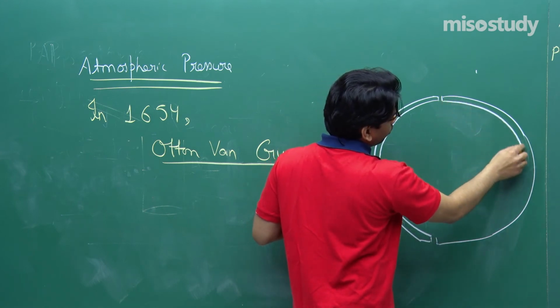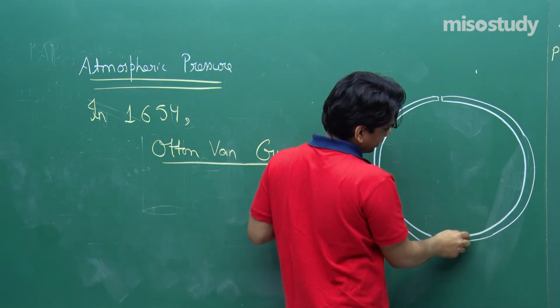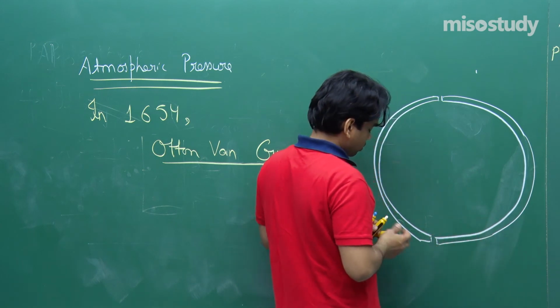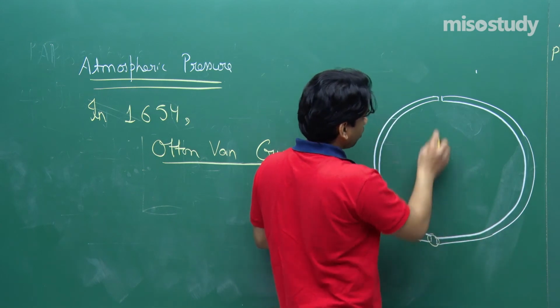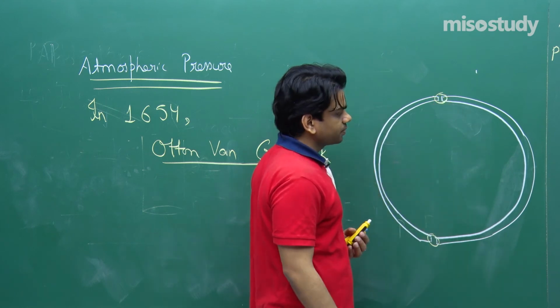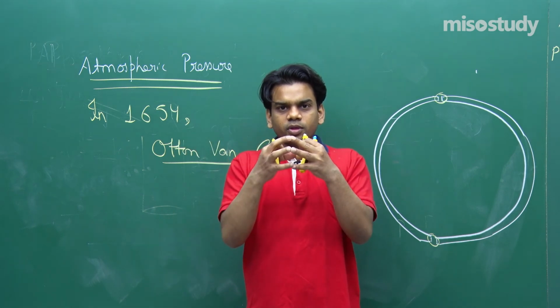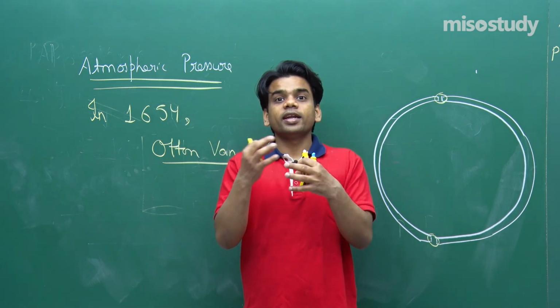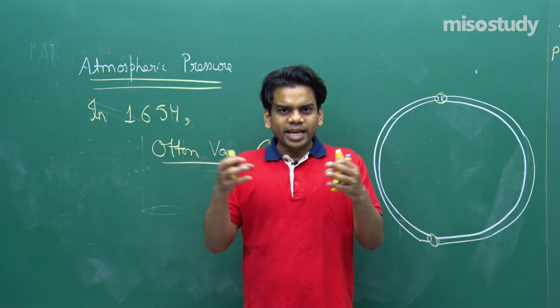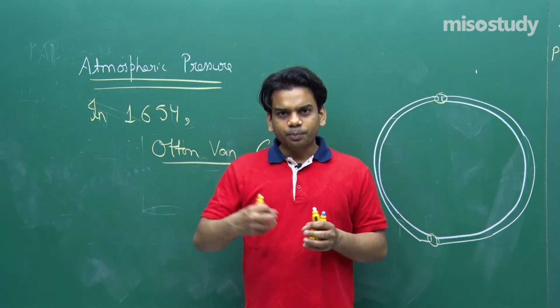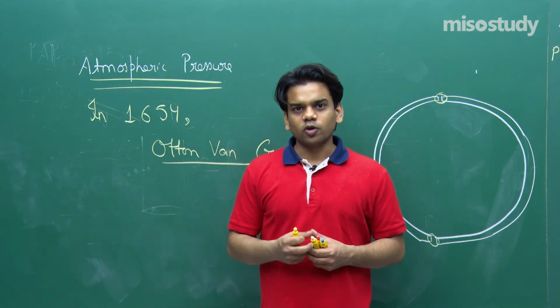Now with the help of a motor pump, he withdrew all the air from inside of this arrangement. He joined them in such a way that no air can enter the hollow sphere, and he pumped out all the air from inside.